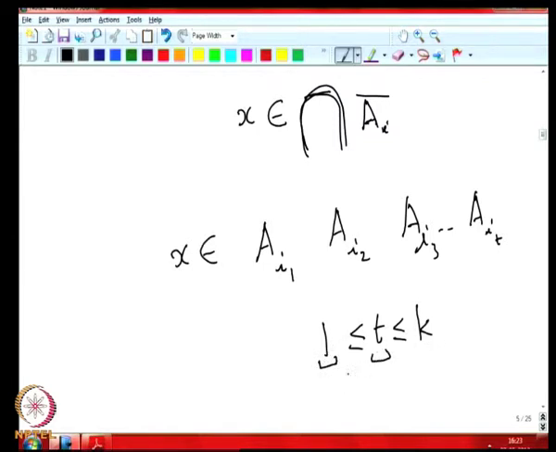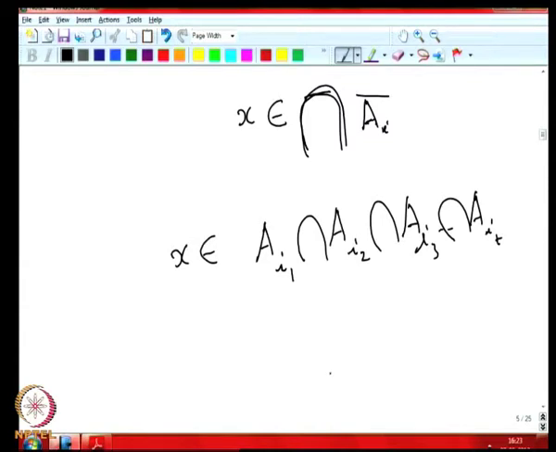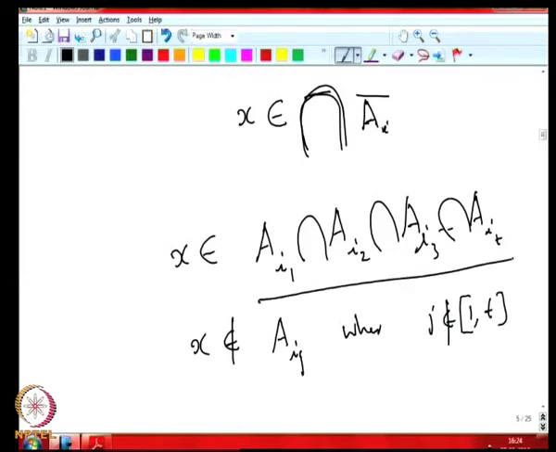So we take the general case where it belongs to T sets, and it does not belong to any of the other sets. X does not belong to A_j where j is not in, say, 1 to T. So exactly T sets it belongs to, and these are the T sets in which x is present.